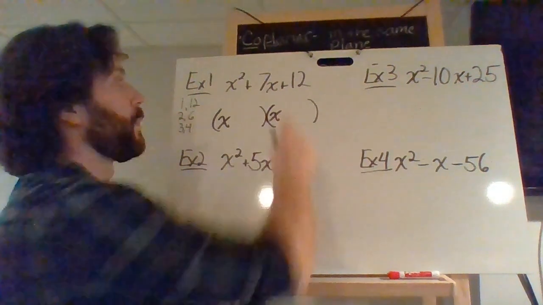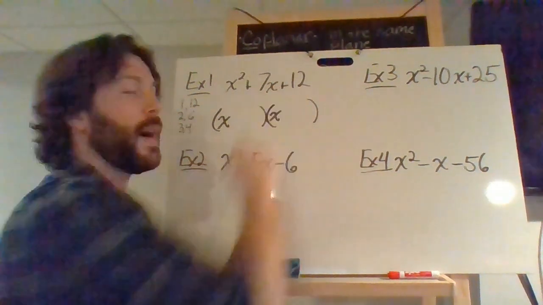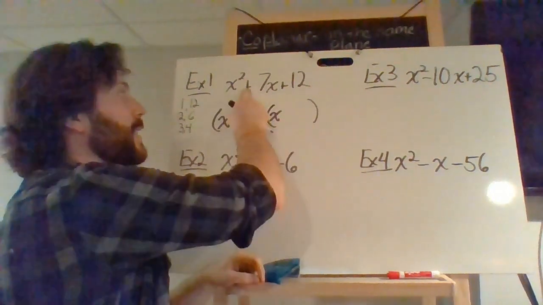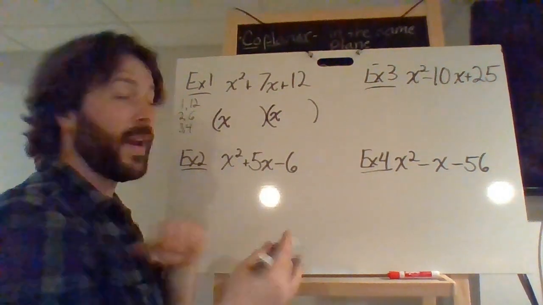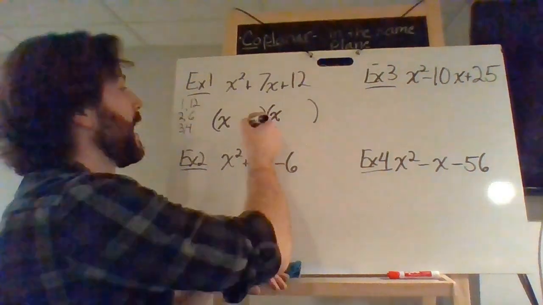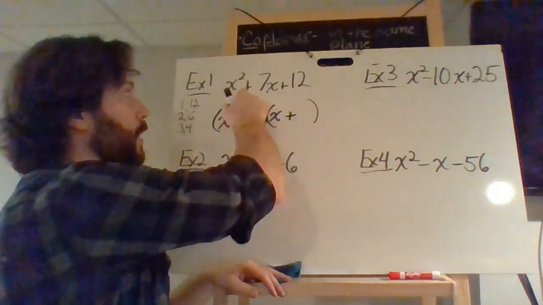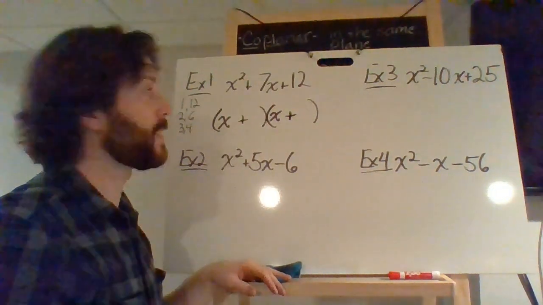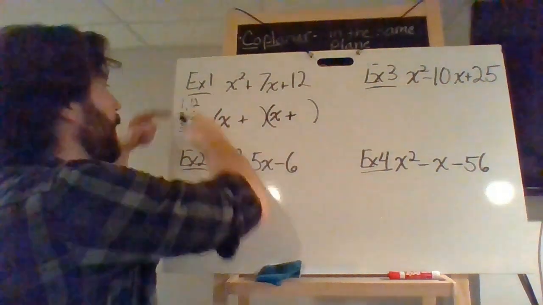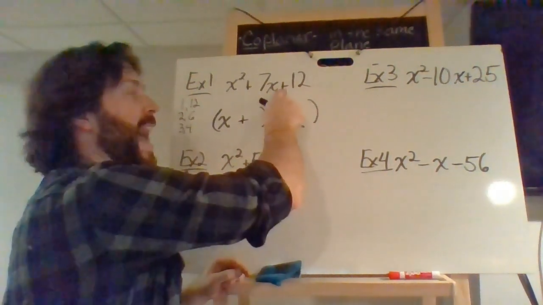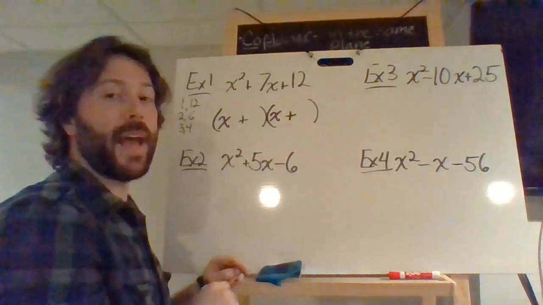Now, because my C term is positive, I know that both of these factors are going to get the same sign as bx. So I know before I even put the numbers in that these are both going to be plus. They're both going to be that same sign that bx has. Next up, I need to pick a pair of these that when I sub them in here, they add to give me 7x.